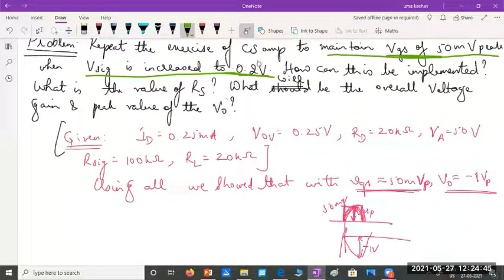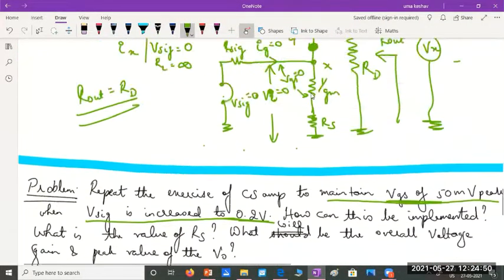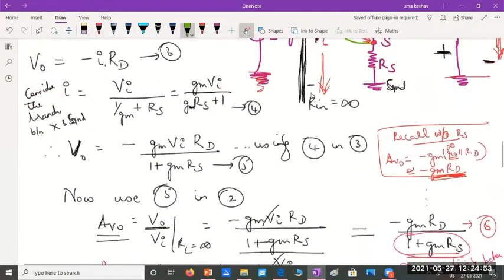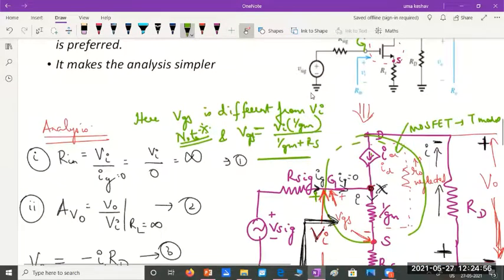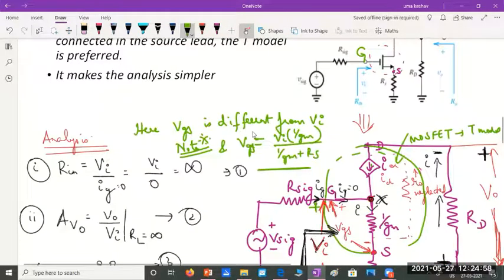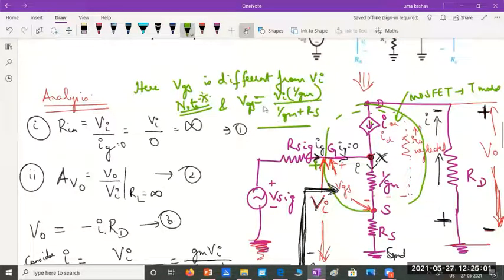And how can this be made possible? In which case do we have VGS different from Vsig? You can clearly see in the equation we have written, VGS will be different from Vsig or Vi if we include a source resistance in the circuit. Only when an RS is included in the circuit will the applied signal generator voltage and the gate source voltage be two different values.